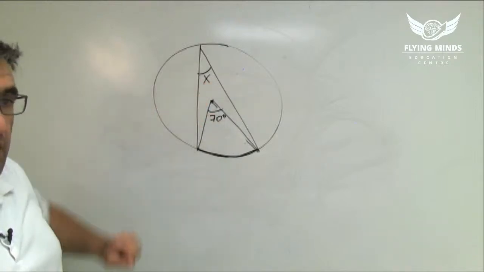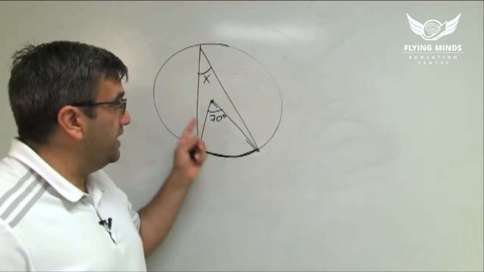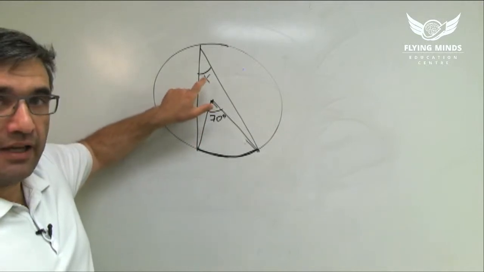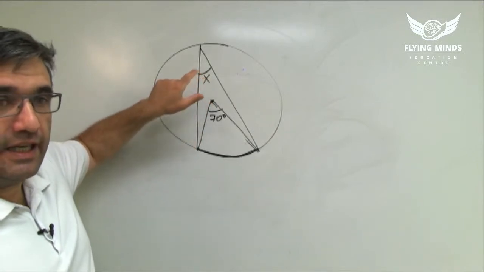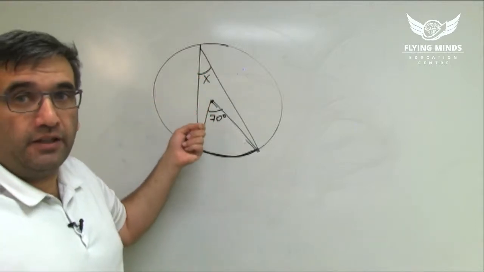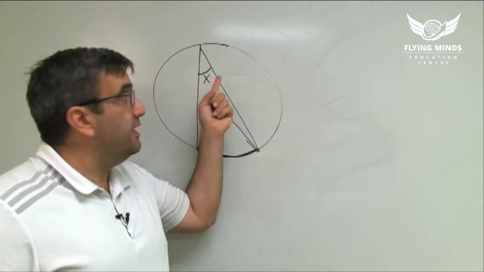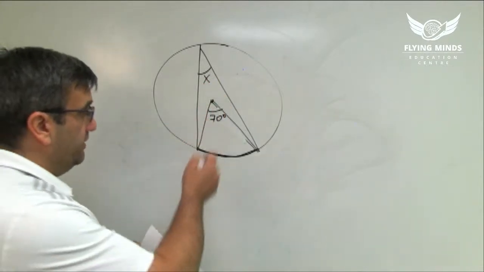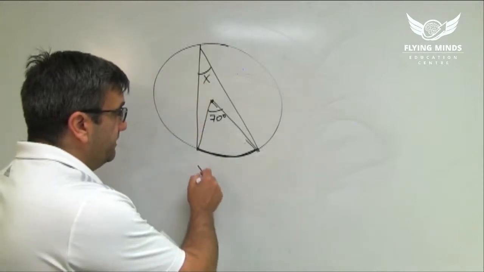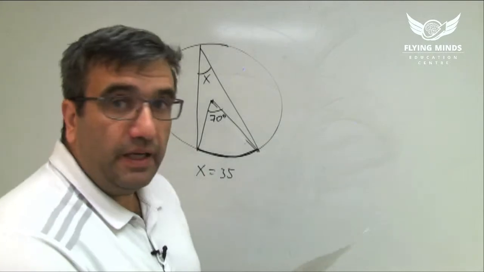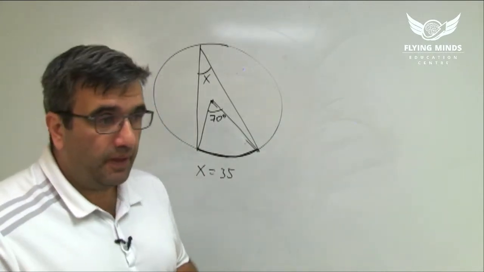The relation between these two angles is that angle X, inscribed angle, is half of the central angle, or central angle is twice as big as inscribed angle, right? So knowing this, we can evaluate X equals to 35 degrees.